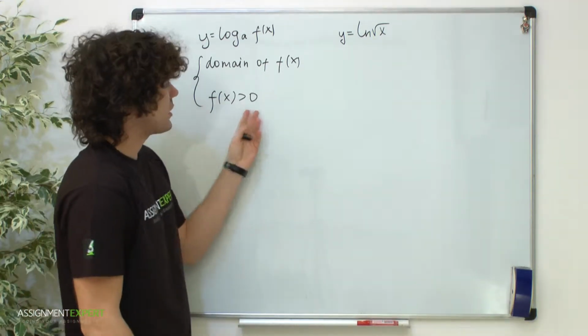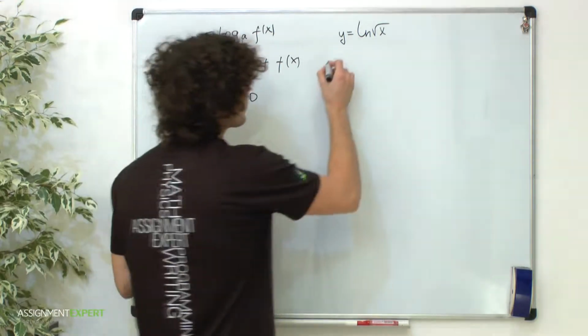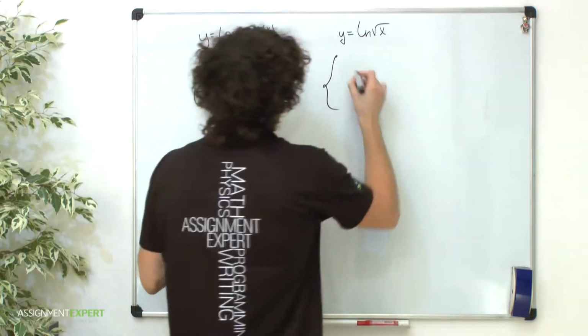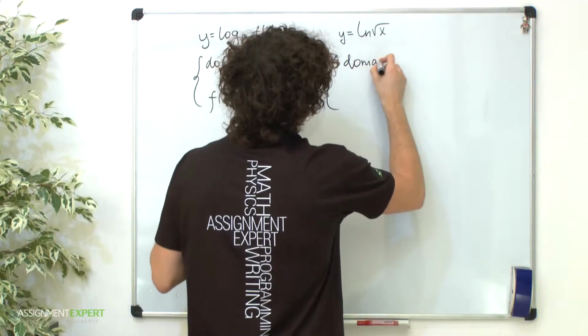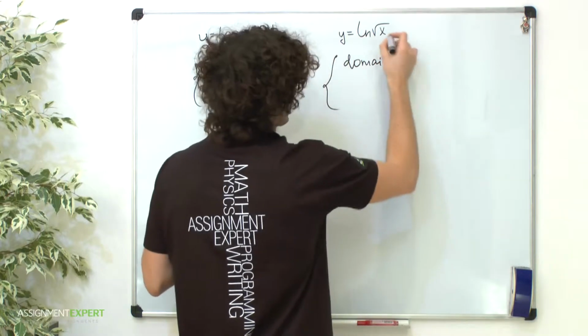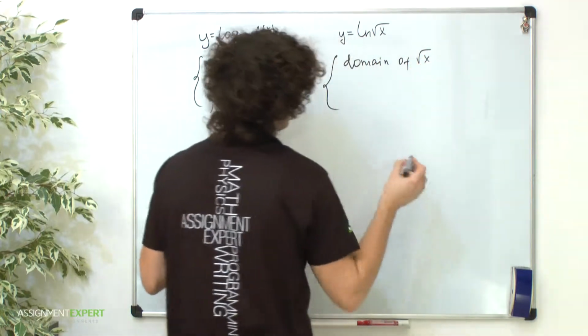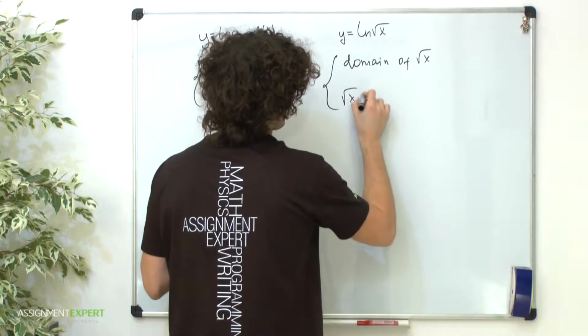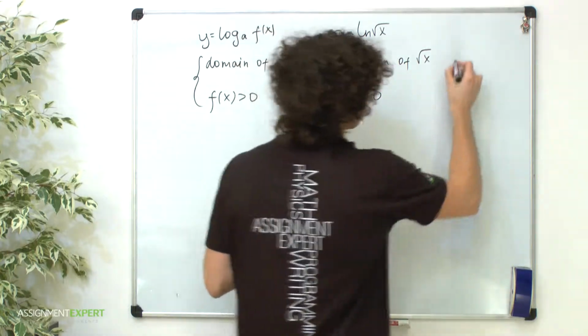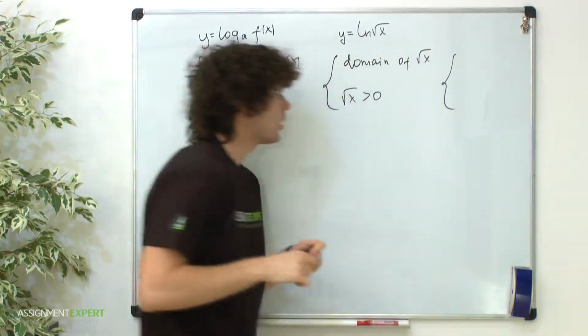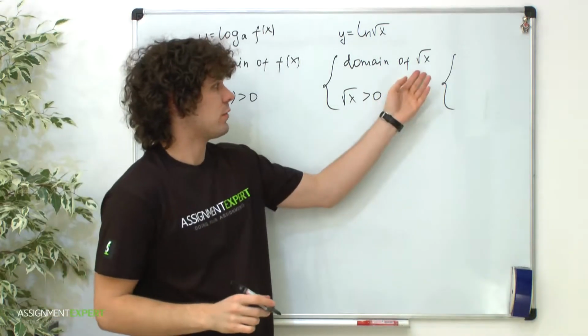Now let's construct the system for our example. The first condition will be domain of square root of x, and the second one is square root of x is greater than 0. What do we know about the square root of x?